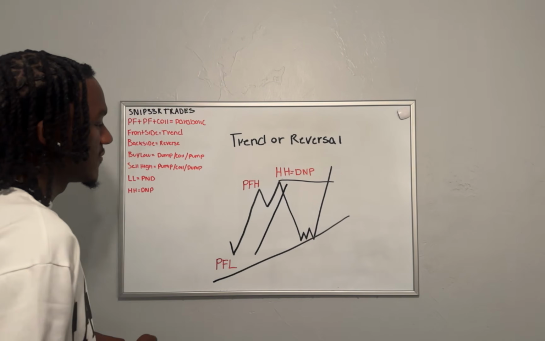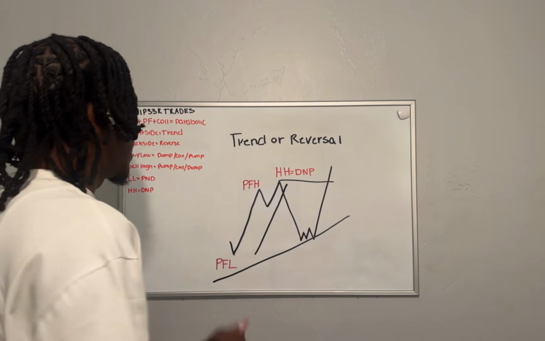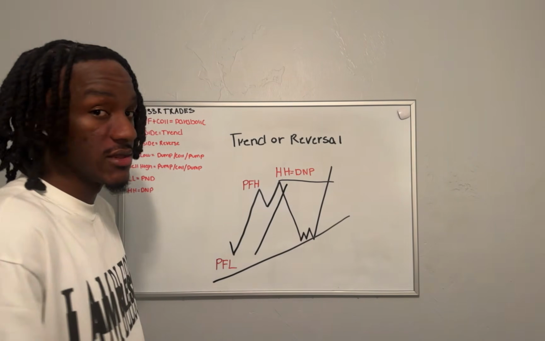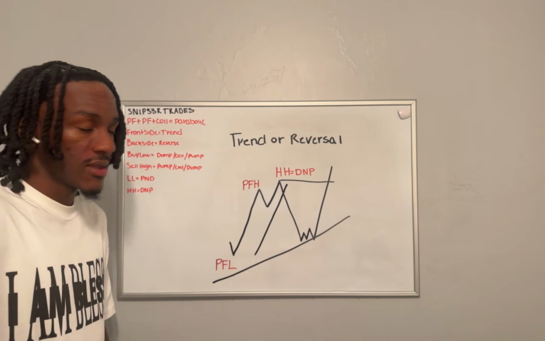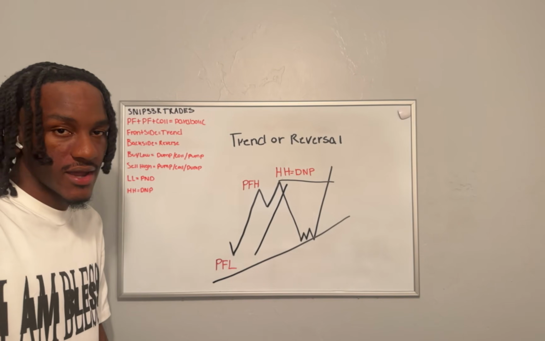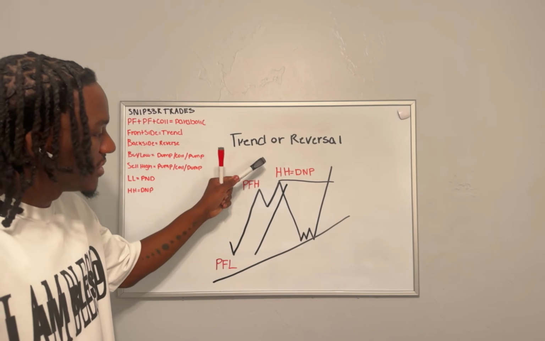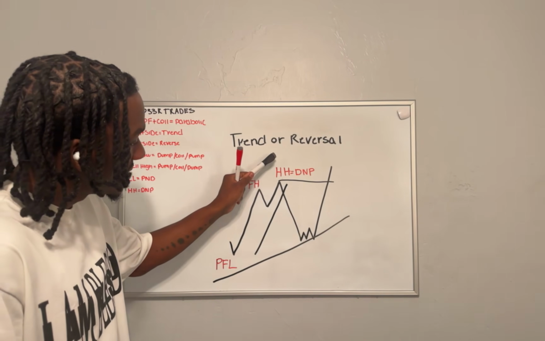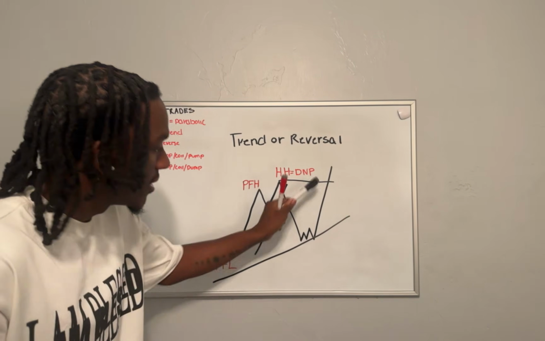Higher high is the recipe for the dump and pump template. Step one, peak formation low in Asia. Step two, peak formation high in London. Step three, higher highs for the dump and pump template.